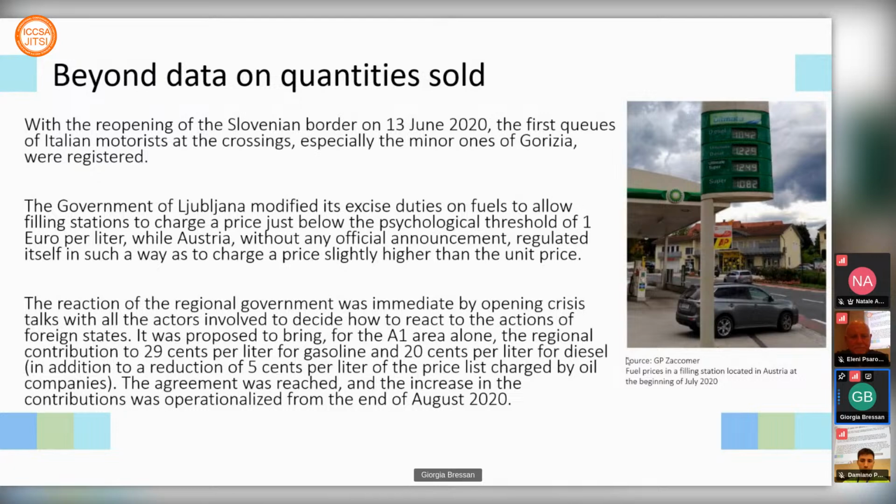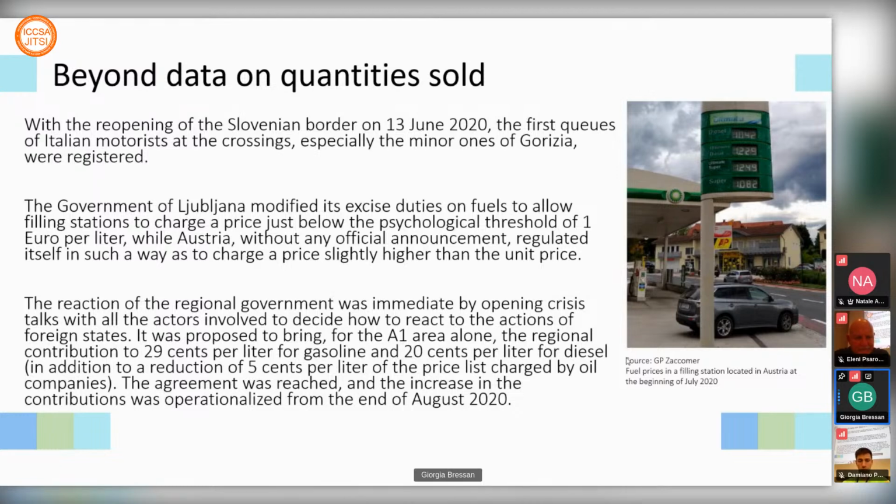We don't have time to present the entire chronicle, but we would like to remind what happened after the reopening of the border. The government of Slovenia modified its excise duty to allow the local filling stations to charge a price just below the threshold of €1 per liter, while Austria, as you can see from the picture, regulated itself in such a way as to charge a price slightly higher than that.